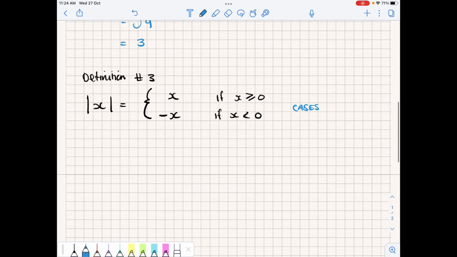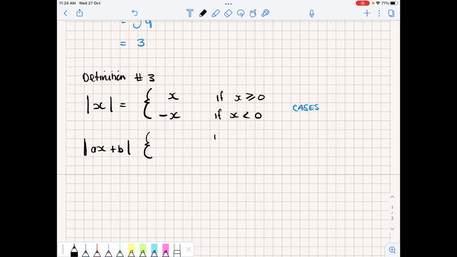Right, now we can expand slightly on this absolute value. And we can say, well, what if it's not just x? What if we have some other stuff in the bracket with x? We could have, for instance, ax plus b. What is the absolute value of ax plus b? So again, we need to consider all the cases, right?